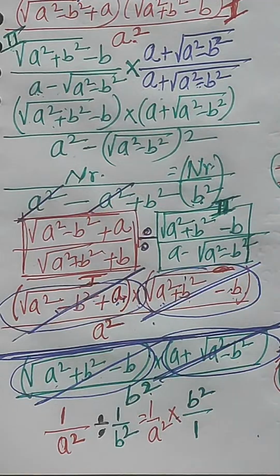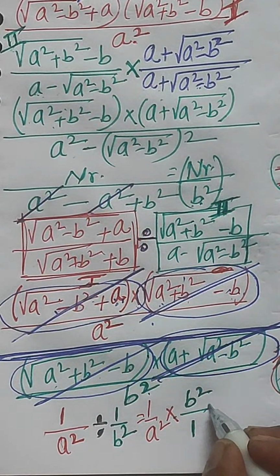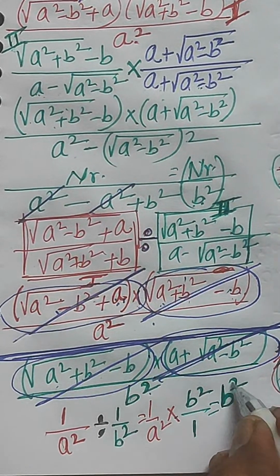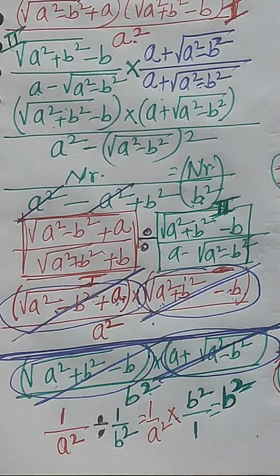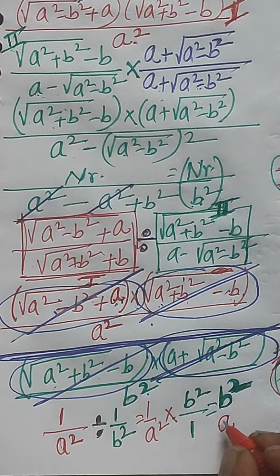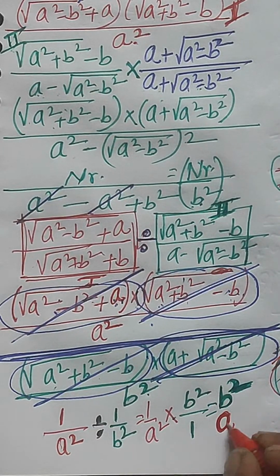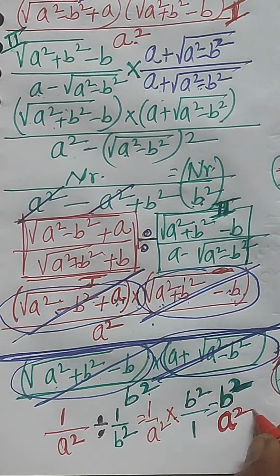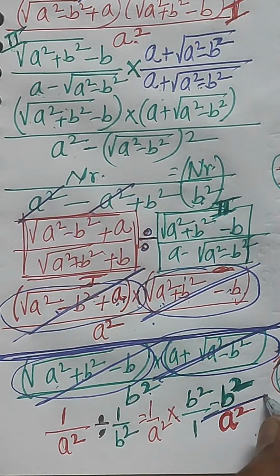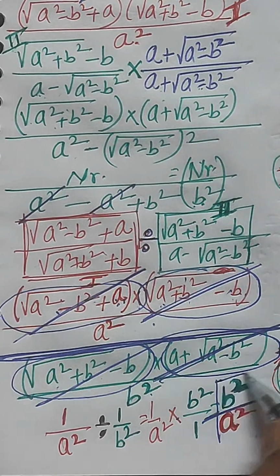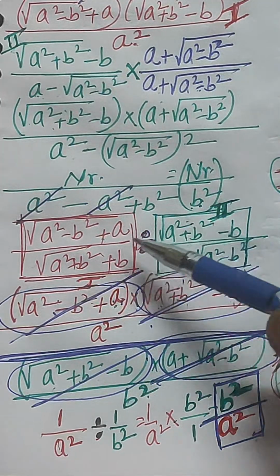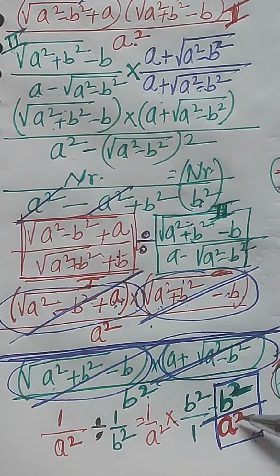So the above expression is simplified as b square divided by a square, right? b square divided by a square. So this is the simplified format of the expression, this one.